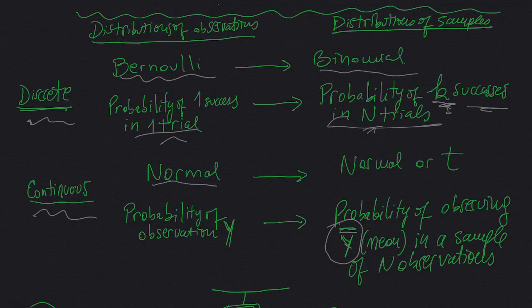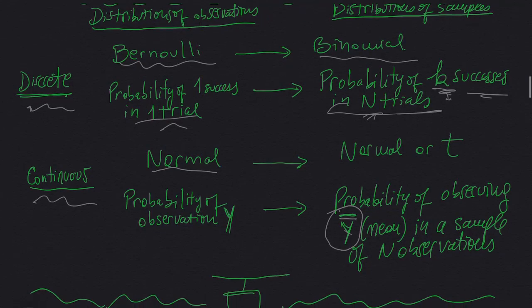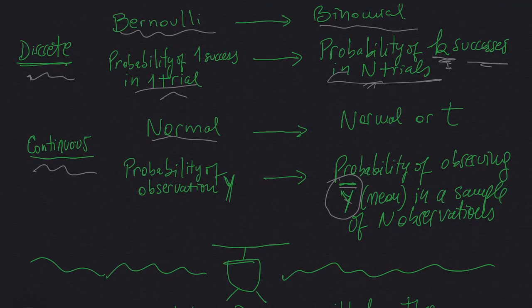So this is a different type of normal distribution. In terms of structure, the distribution is normal, so it's the same. But instead of taking values of the random variable y, it takes values of the mean of y.